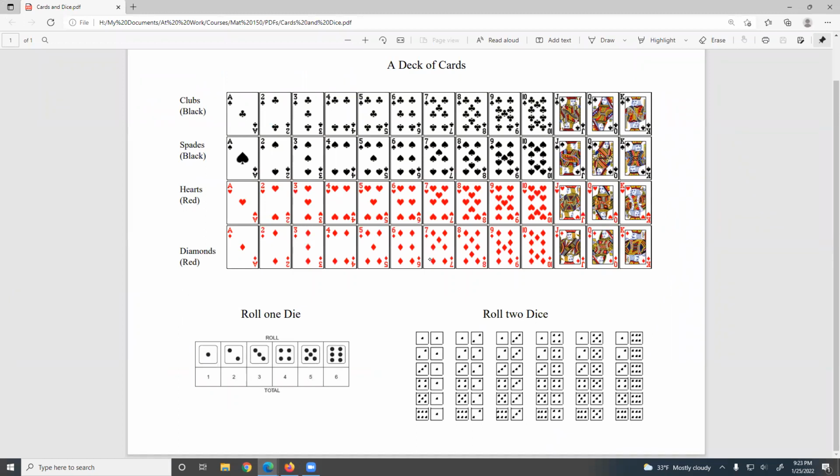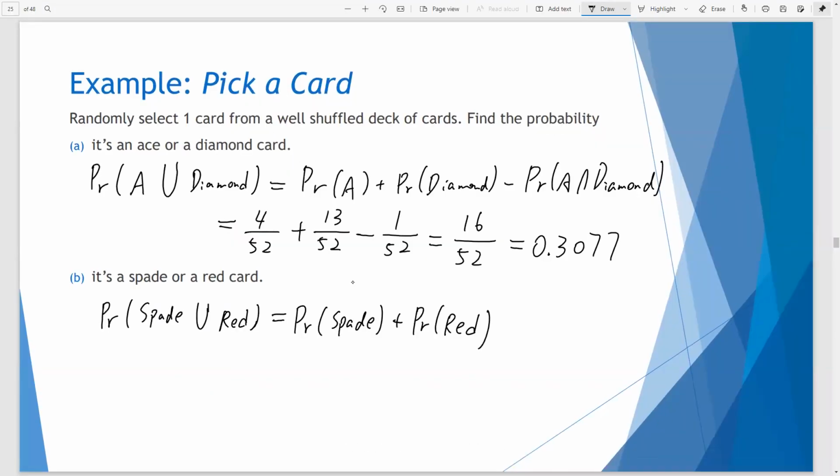They have no overlapping with the red cards. So whenever you get a spade, you can never get a card that is red. So they are mutually exclusive, which means there is nothing to subtract. Unlike the diamond ace, there doesn't exist a red spade card.